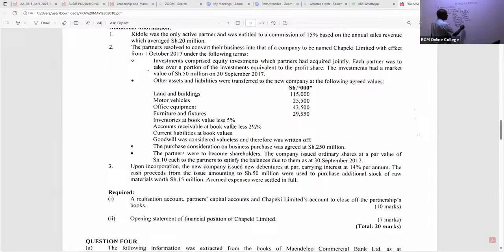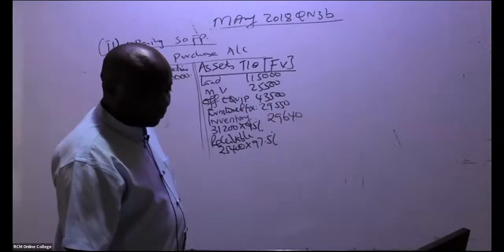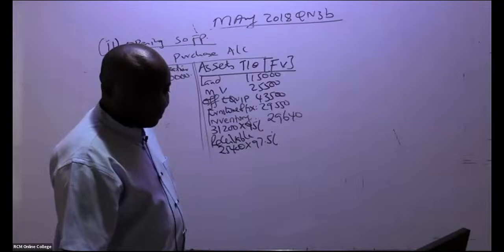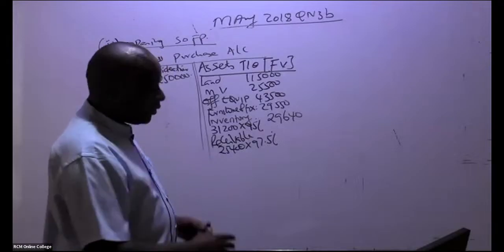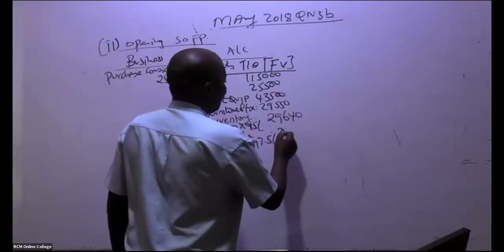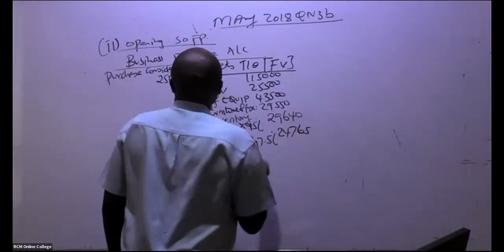I multiply this with 97.5%, because the 2.5% is being given to us as a discount or something. So we have here 24,765.